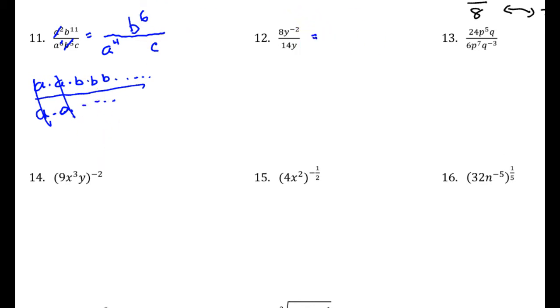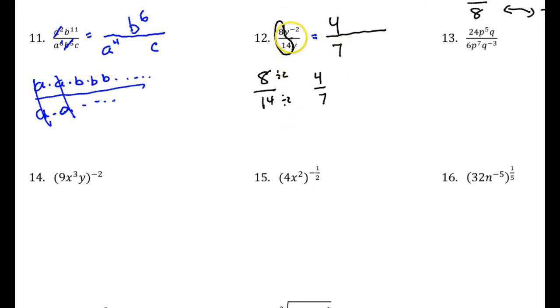Okay, let's keep going. We have to simplify the fraction. Let's do that first. What's 8 over 14 reduced to? Maybe divide top and bottom by 2. So we'll get 4 over 7.